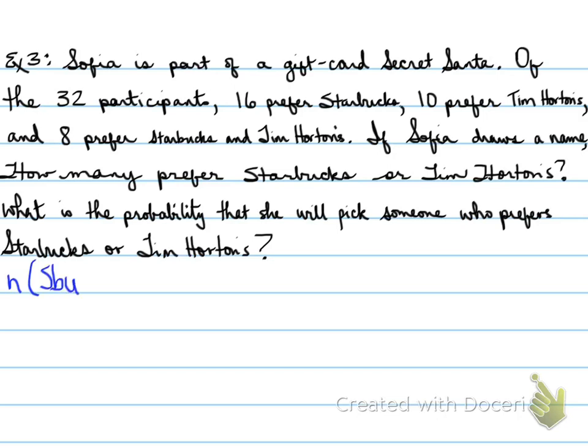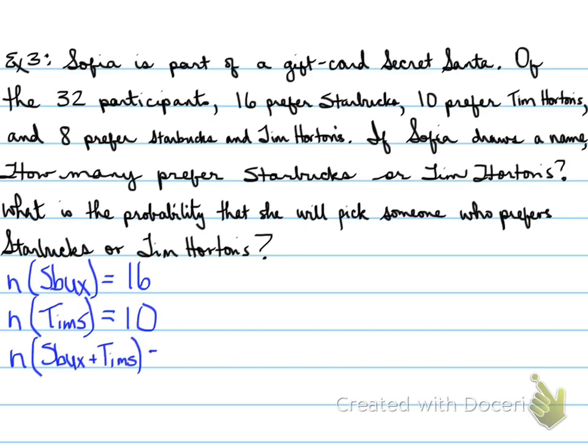So we need to know how many would choose Starbucks, which is 16, how many would choose Tim Hortons, which is 10, and also how many would choose Starbucks and Tim's, which is 8.